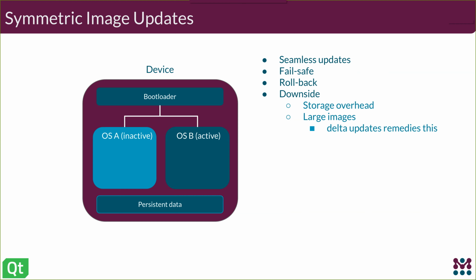In doing this type of image-based update, the downside is also that you deploy quite large images, since you are updating the whole operating system in one go. But there are features like delta updates, which Mender supports, so you can send the binary deltas between images over the network instead of sending the whole image. I'll talk a bit more about this later.